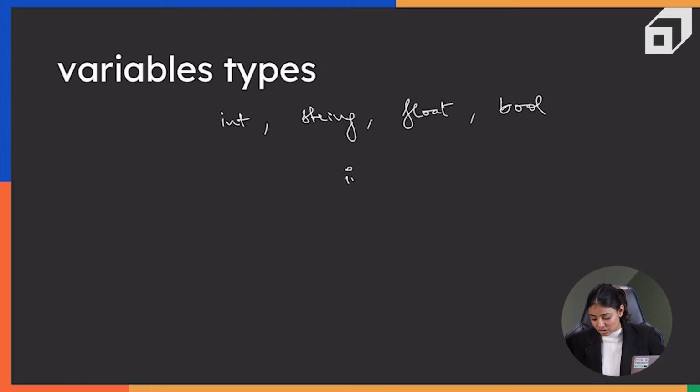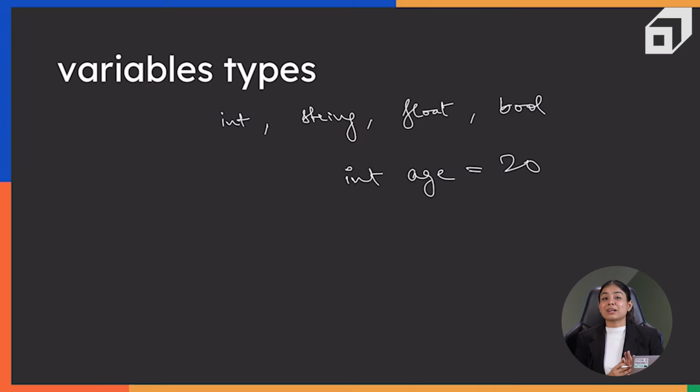So I'll have to mention that it will be an age variable of type integer, and then I can put some integer value into it, and I cannot put any other type of value into it. If I have mentioned that it is an integer type, it will only contain integer type, but that does not happen in Python. Which again, is one of the good things about Python, we do not have to decide the type of the variable when we are creating it.